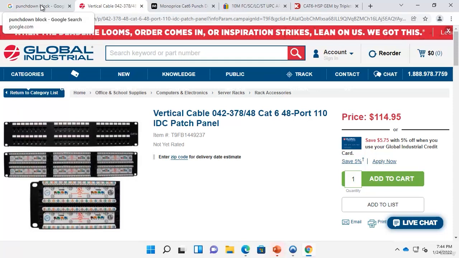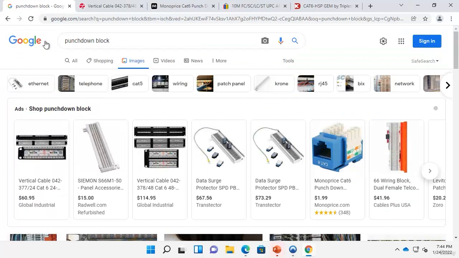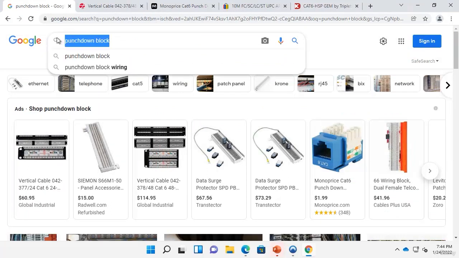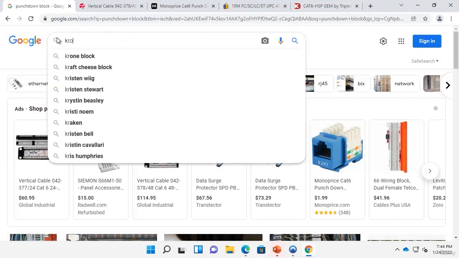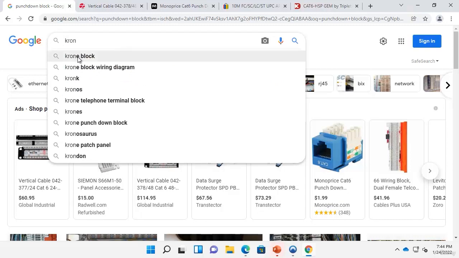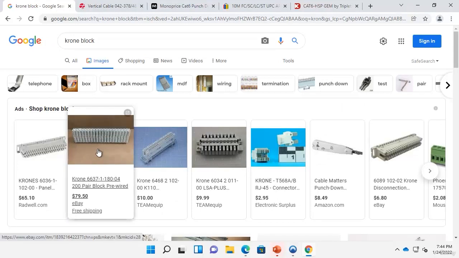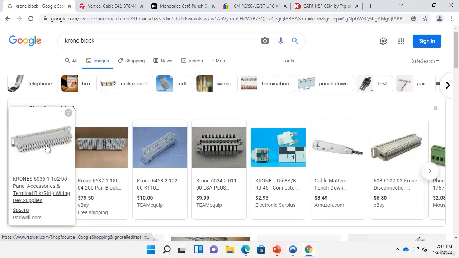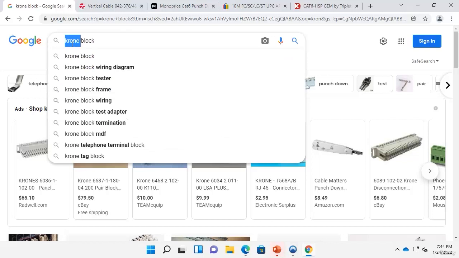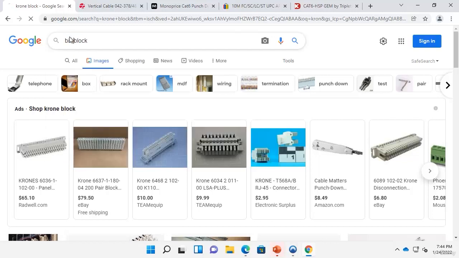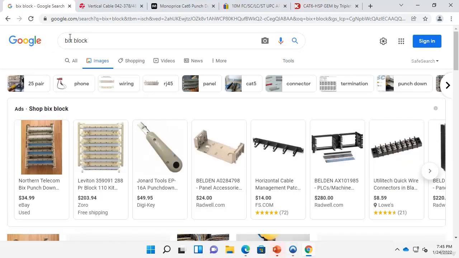All right. If we go back here and search for the Krone block, you're going to see they're just different variants. That's a Krone block, a slightly different variant, 200 pairs. Terminal block, strip wiring. It's going to have ports on the other side. No big deal. The other one was called a BICS block, just yet again a different style.